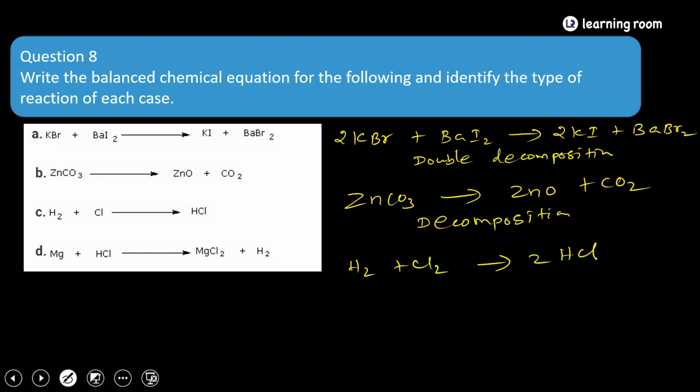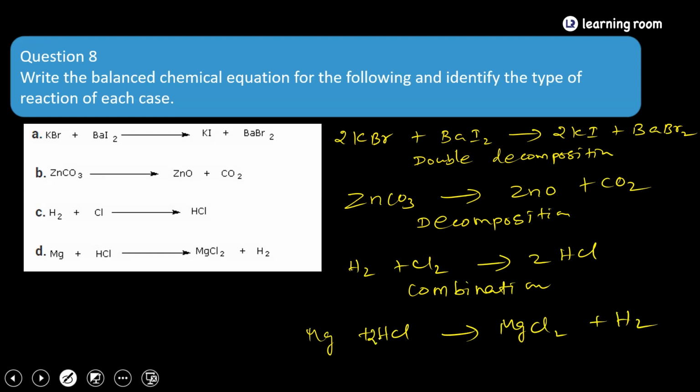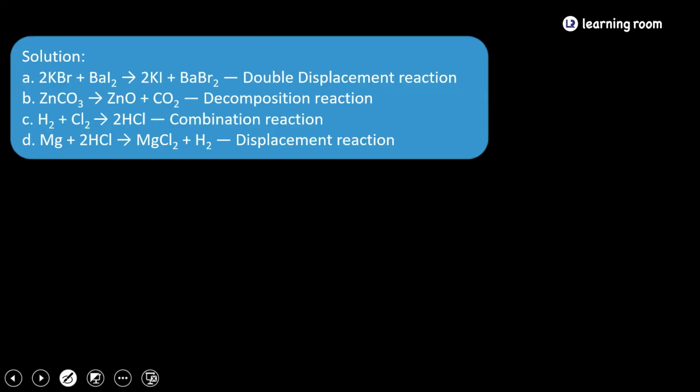It's a very good combination reaction. Magnesium treated with hydrogen chloride converts to magnesium chloride and hydrogen, which is called, very good, displacement. Check: double decomposition, combination, displacement.